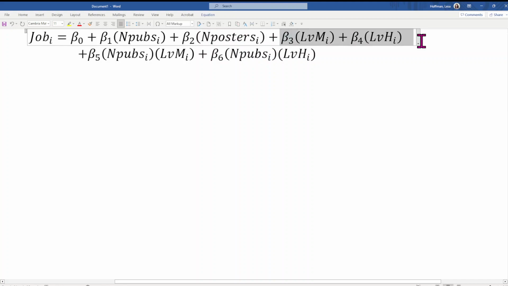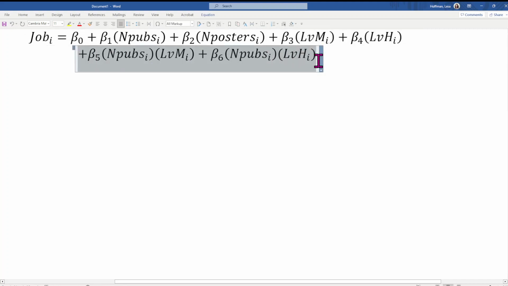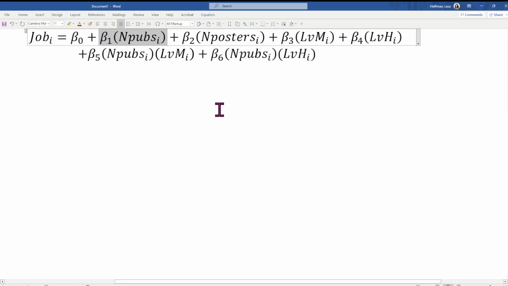My 2 dummy codes from before, don't forget those when you add in your interactions, they stay. And then the 2 interaction terms. So given these interactions, low versus medium and low versus high, who is this the slope for number of publications? For whom? Low. This is for low because of the way I set up the coding. How would I get it for another group?